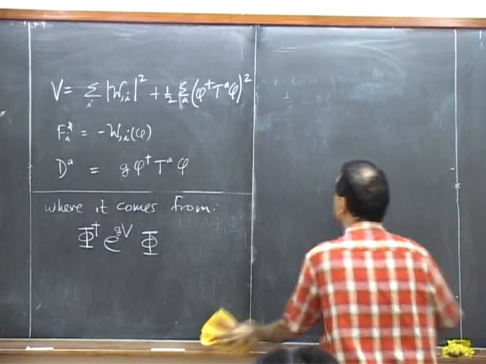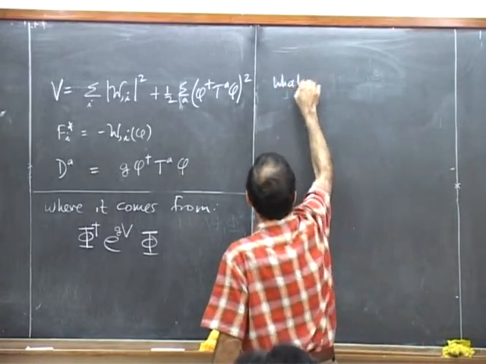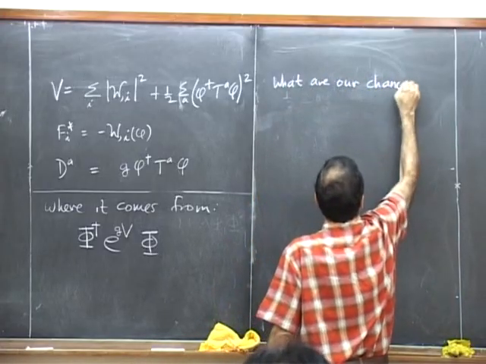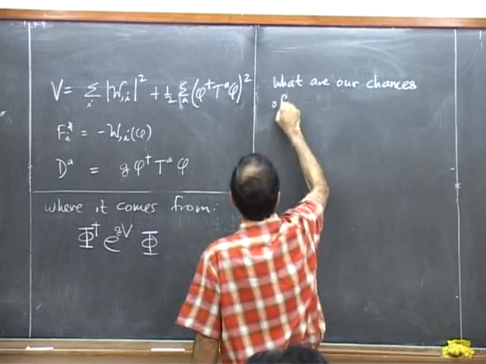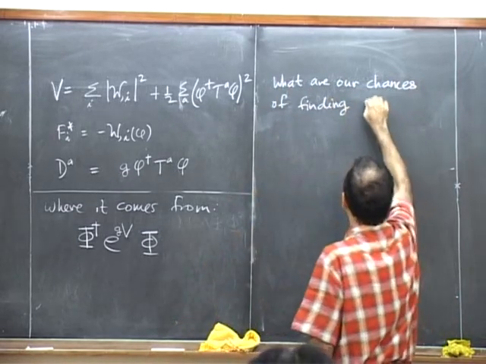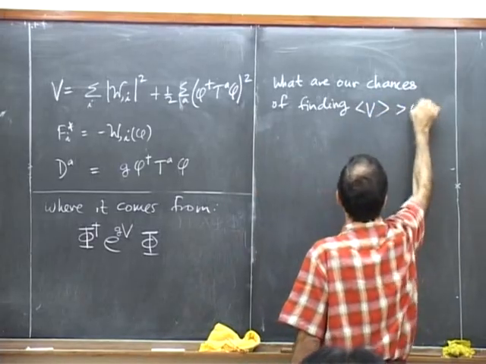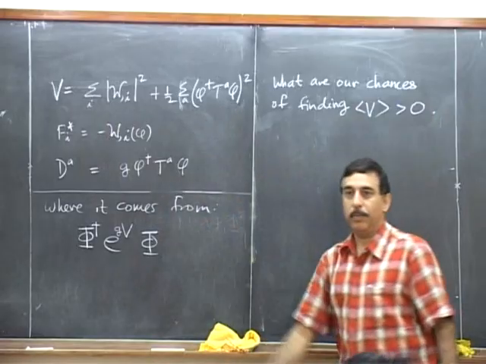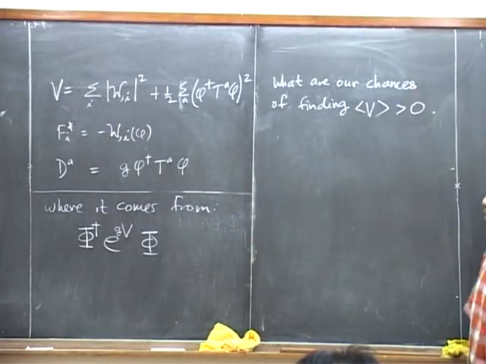chances do we have of finding b greater than 0 for this nice general potential coming from the sum of both f terms and d terms?